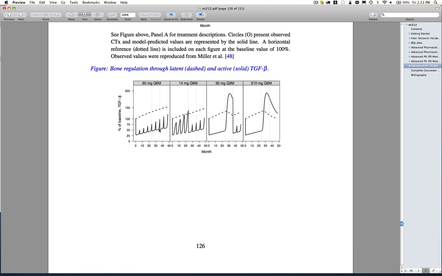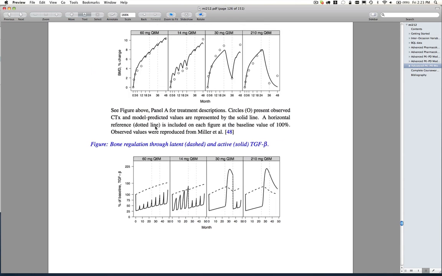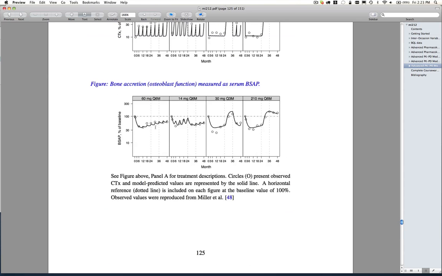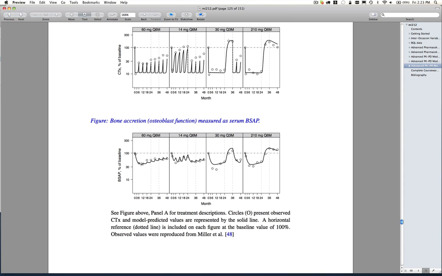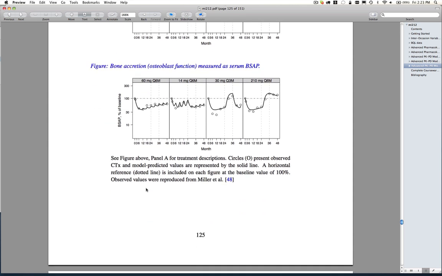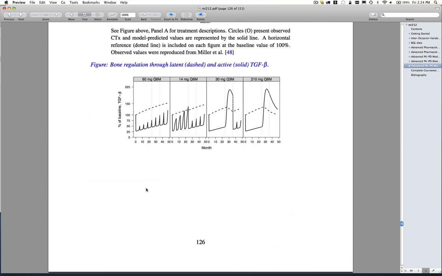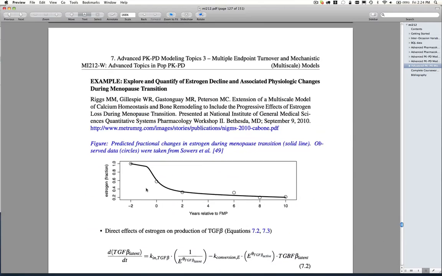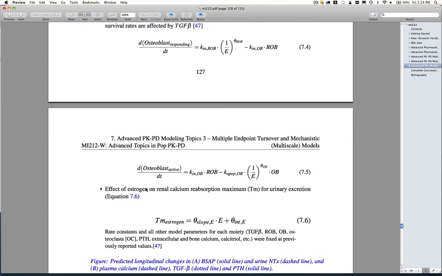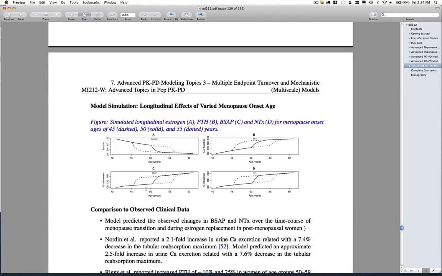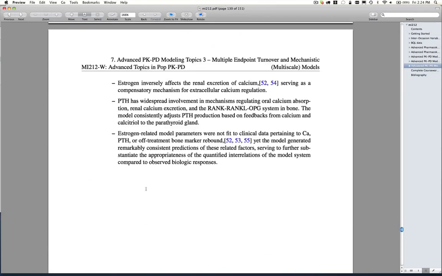And if you follow the slopes of these, they correspond to the tolerance that develops over time in the bone resorption and formation markers. So hopefully that wasn't too quick of an explanation for how that tolerance and rebound is inherent within the model, and then that all links into the BMD changes.